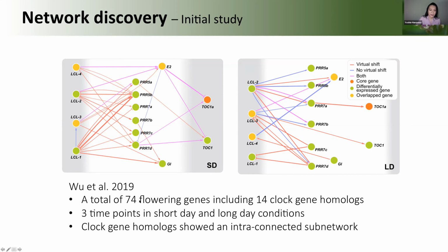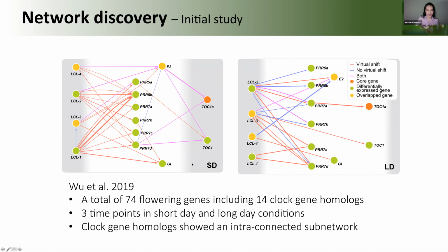We found that among those 74 genes, those 14 clock genes connected really strongly and created an interconnected subnetwork. That's what we are looking at here. We don't get into too much of these inferred networks right now because this is only 3 time points.